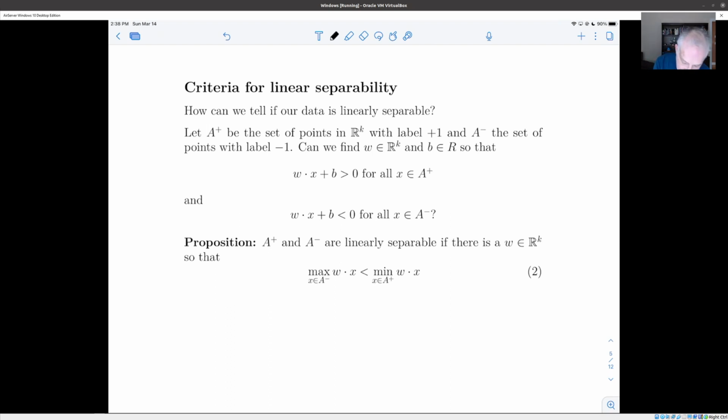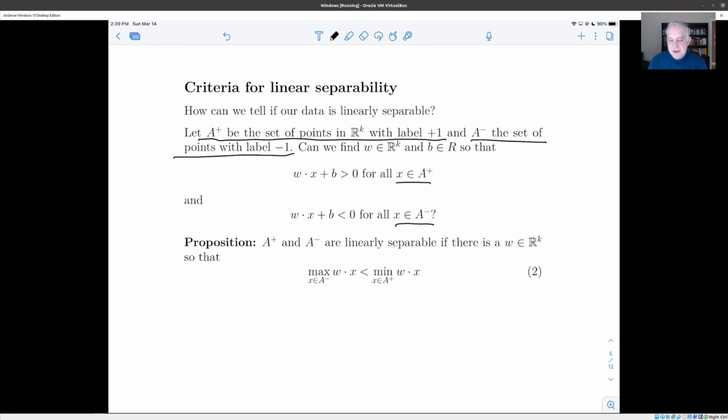So first, let's let A plus be our positively labeled points and A minus be our negatively labeled points. And the question we want to ask is, can we find a b and a w so that w dot x plus b is positive on the positive points and negative on the negative points? And I guess the main point of the proposition I'm going to prove is that it's really all about the w.